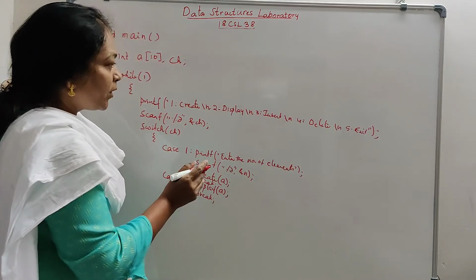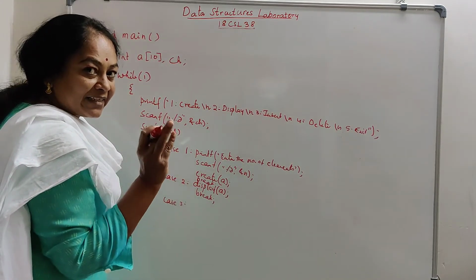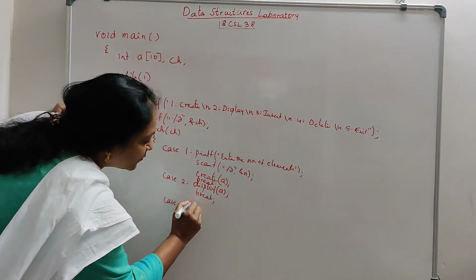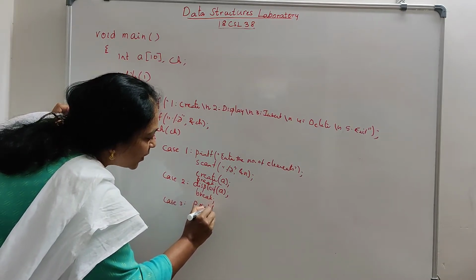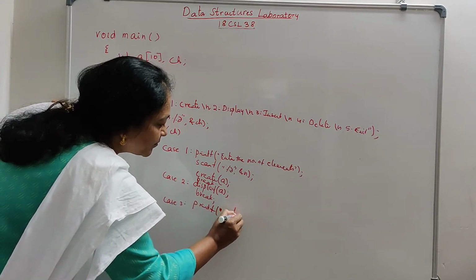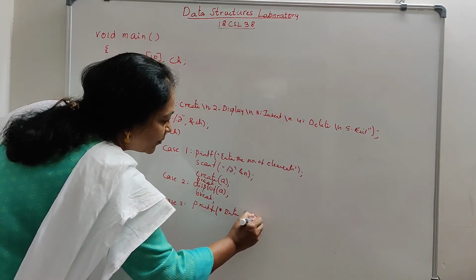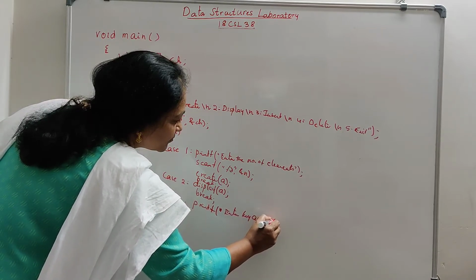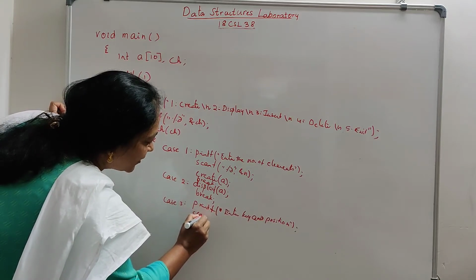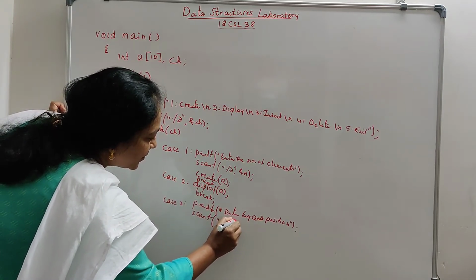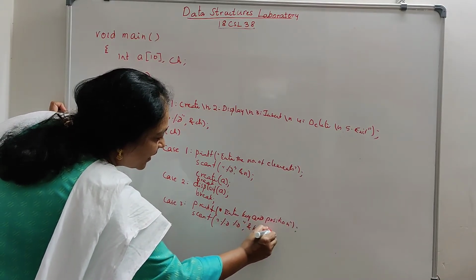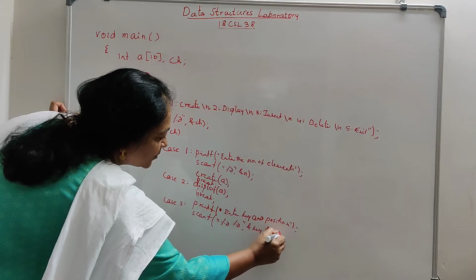Case 3. So what do you need for this case 3? You need to send the key element which has to be inserted as well as the position. So first I would like to ask the user to enter the key and position. Okay, so I'm going to read these together. So scanf %d and I'm going to use this key and %d position.